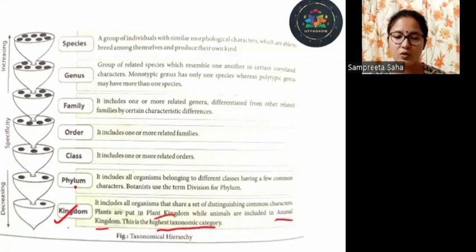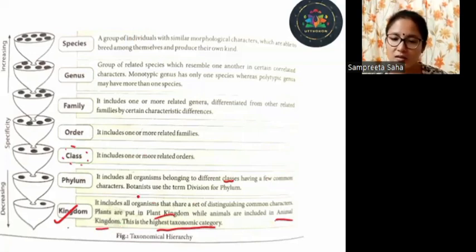Just below kingdom, we have phylum. It includes all organisms belonging to different classes. So all organisms belonging to different classes are put together under the same phylum, having a few common characters. So organisms placed under phylum will show a few common characters.